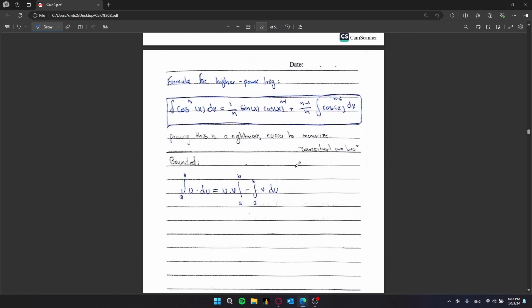Now, this is the formula for higher power trigonometric integrals. When you have the integration of cosine to some degree n multiplied by the derivative of x, you can break it down further into this, what seems like a monstrosity.